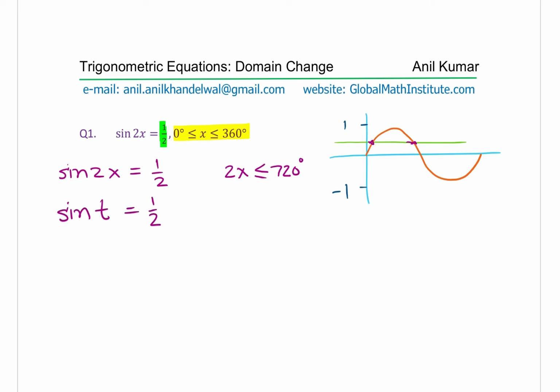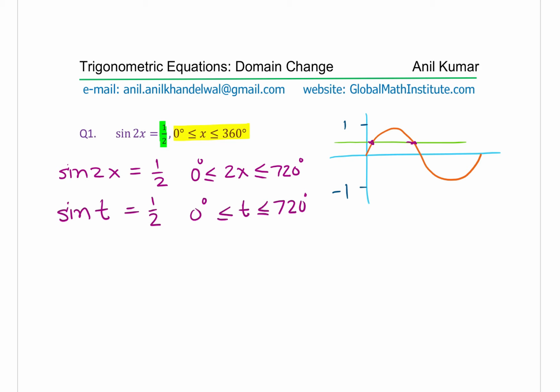And 0 times 2 still remains 0. So now, strictly speaking, as far as 2x is concerned, my domain has extended to 0 to 720, right? That's what it means. So if I change this to t, that means the value of t should be between 0 to 720, all the values. That's what we mean, right?